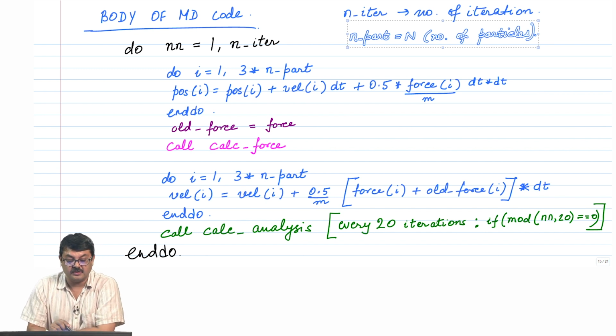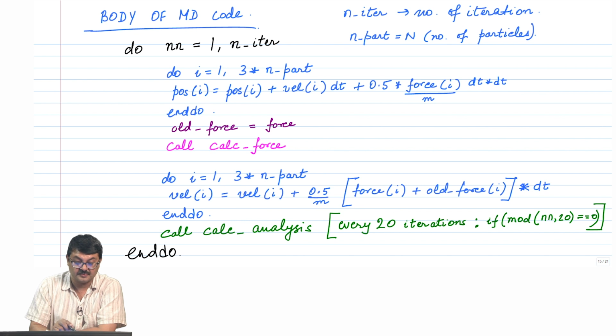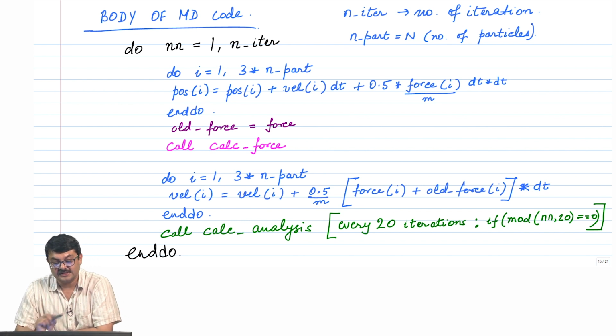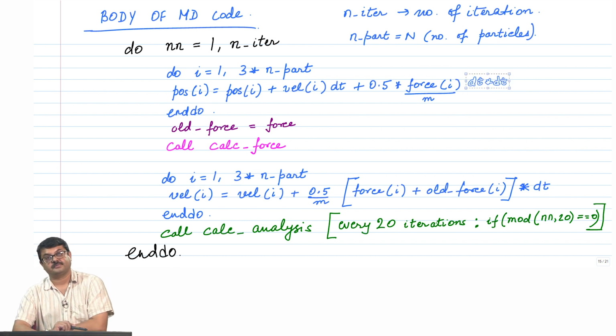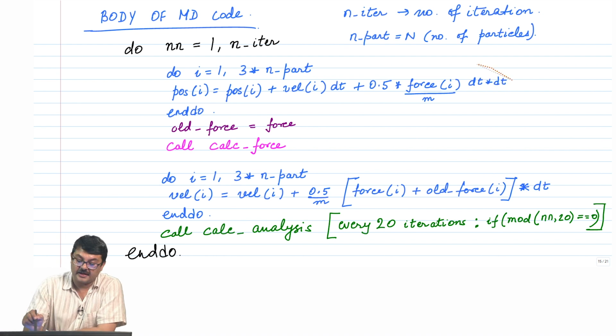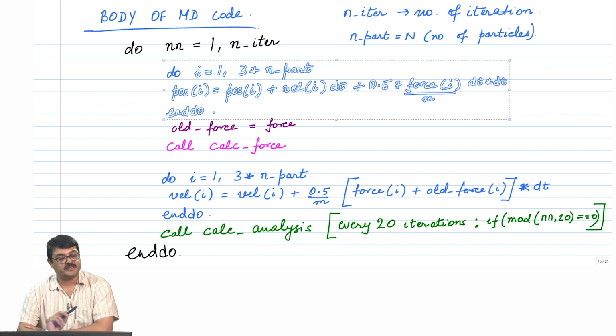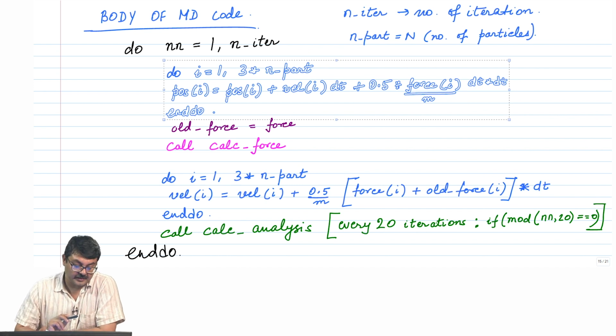So, pos I equal to pos I plus vel I dt, where I runs from 1 to 3 n part, plus 0.5, which is half, acceleration into dt square. That is a formula which you know from your class 10. At this point you have updated the position, both x, y and z, of n particles.